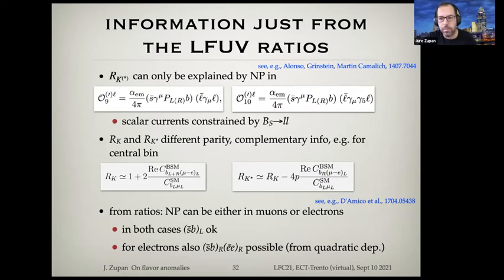They would contribute much too much to B sub S to mu mu. Now the fact that K and K star have different parity corresponds to having different linear combinations of this Wilson coefficient entering the ratio. So for instance, for R_K you have this combination, while R_K star has an extra polarization part, an extra contribution just from the chirality structure.